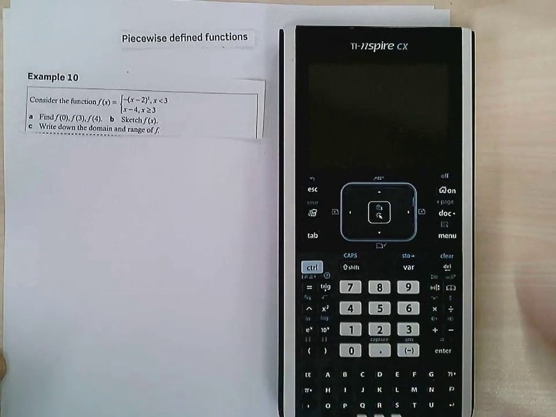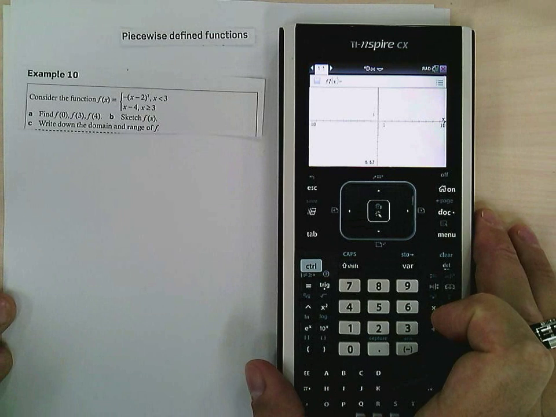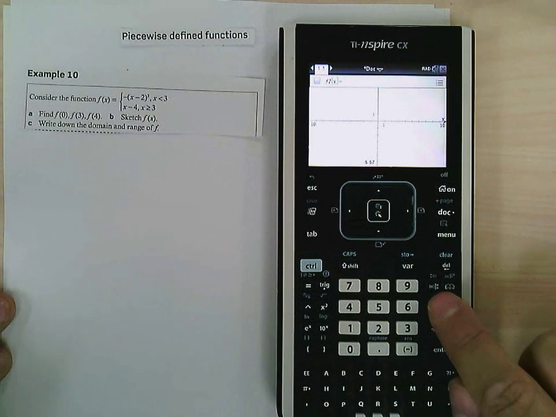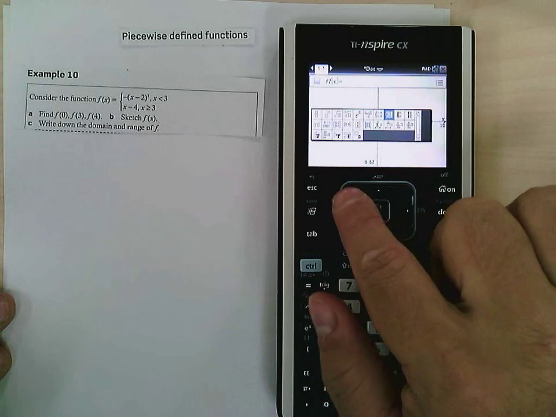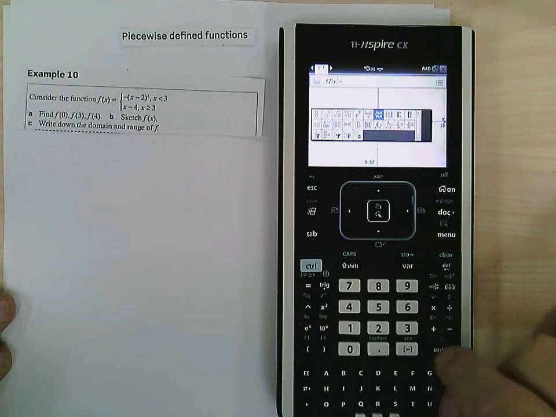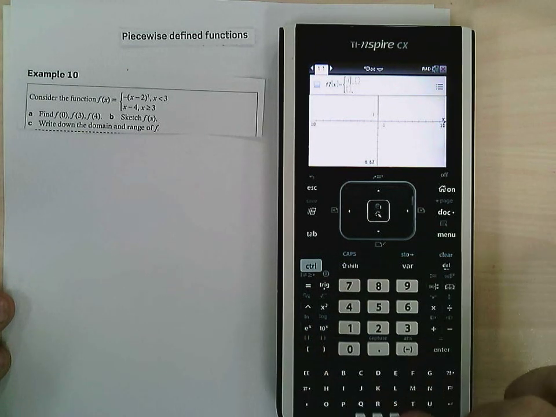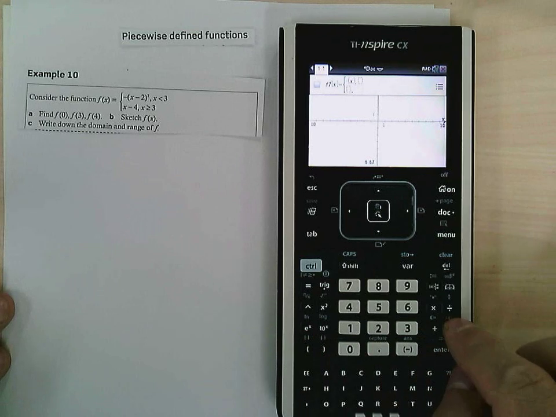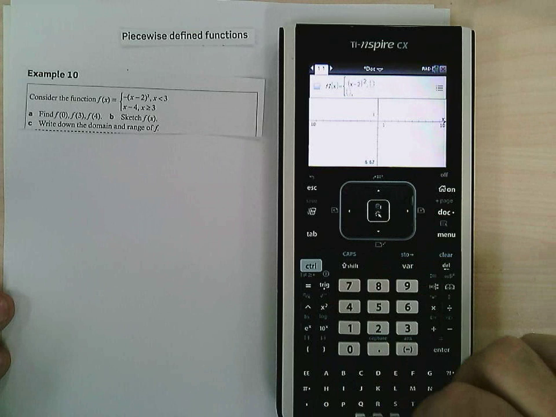So if I go to the calculator, you're going to look for this little button right here that pops up, and this gives you some options. Here I can plug a two-part piecewise function right into the function window, and it gives me all the parameters I need. The first one is negative (x minus 2) squared, for x less than 3.